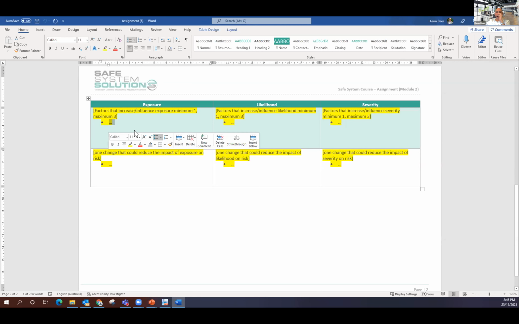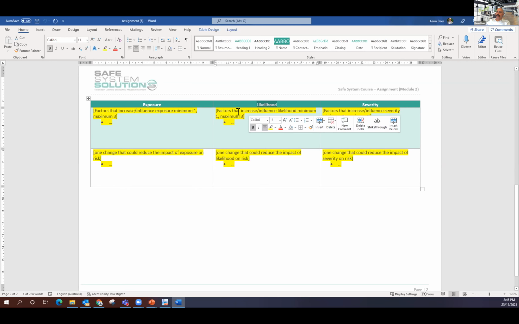So you might put in there the number of legs. You might put in the fact that it's the major route to the shopping centre. You might put in there that it's got 6 lanes, which means that lots more vehicles can go through there. But everything should be related back to a number of vehicles or a number of pedestrians or a number of motorcyclists or number of cyclists.